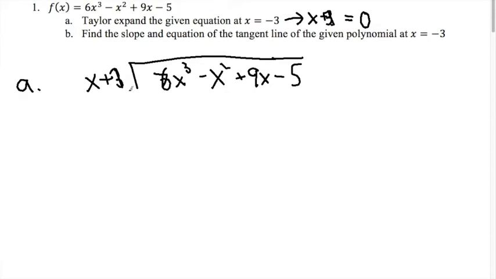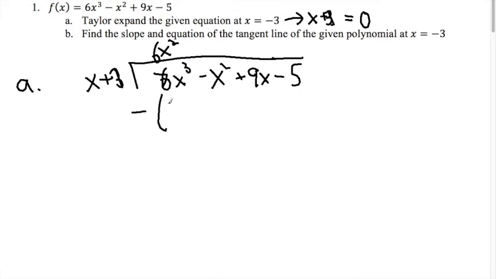In order to divide, all you do is see how many times x goes into 6x cubed and put that value up top. So x goes into 6x cubed 6x squared times, and once you have that value up top, you multiply that value by x plus 3 and subtract that from the given equation.